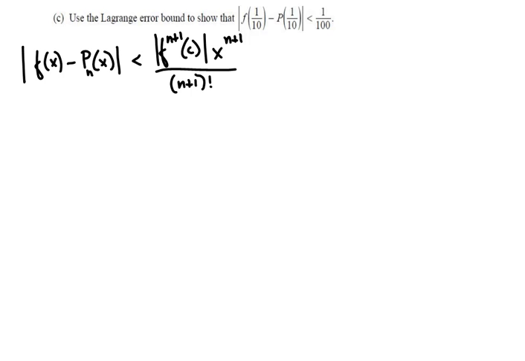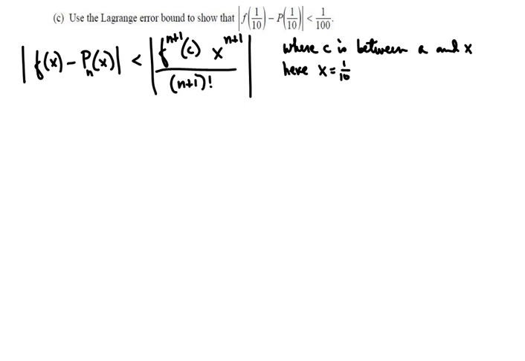And I guess we really are talking absolute values here as well, so we could put the absolute value around the whole expression. So you recall that we're going to evaluate the n plus first derivative of f at some value c, where c is between a and x. X in this case is 1/10, and we're told that we're centering around 0, so a is equal to 0.